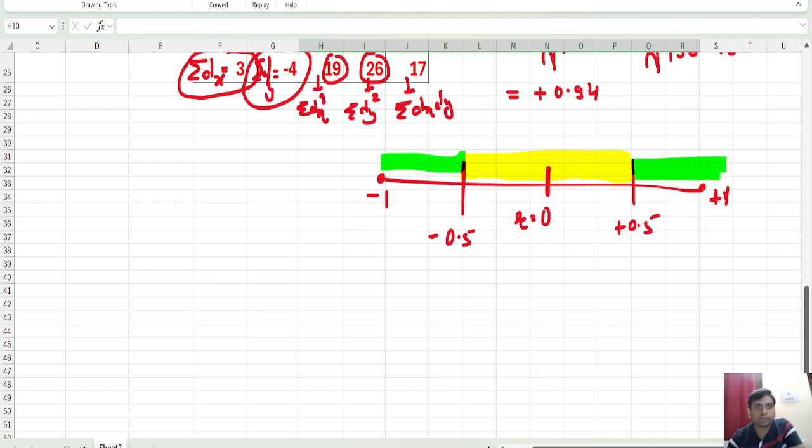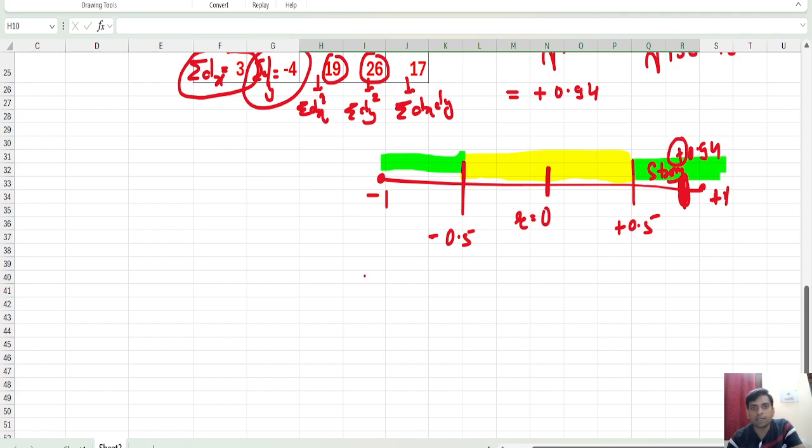Now we will check our value. Our value is 0.94. So 0.94 lies at this location, the location for plus 0.94. This is the strong region, and this is a positive value.